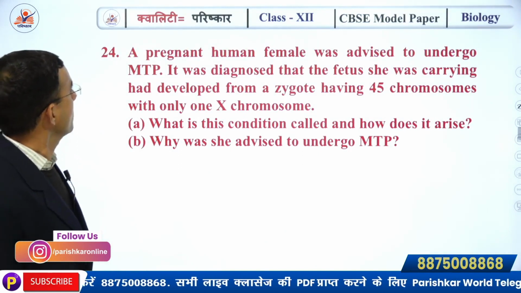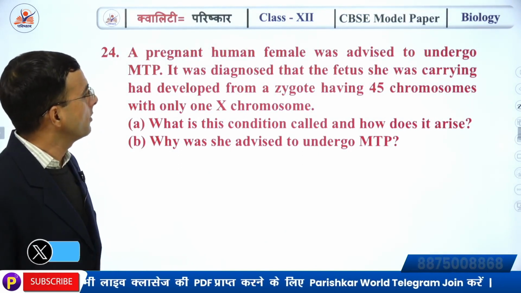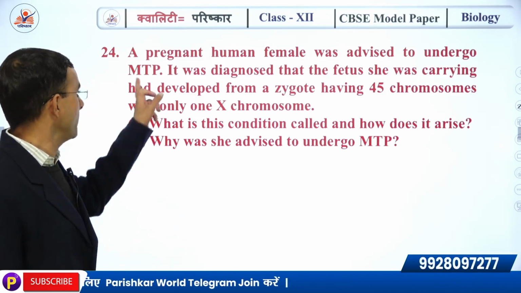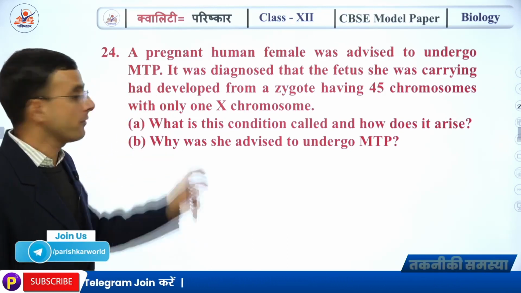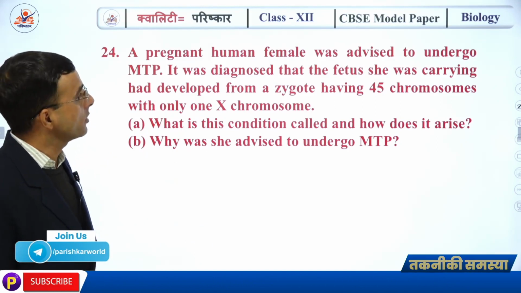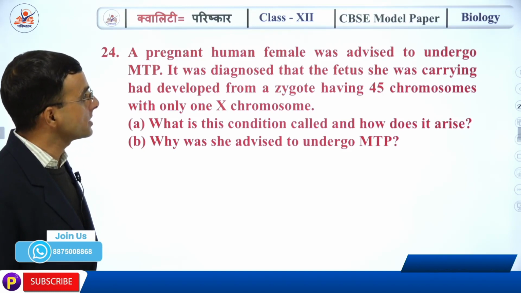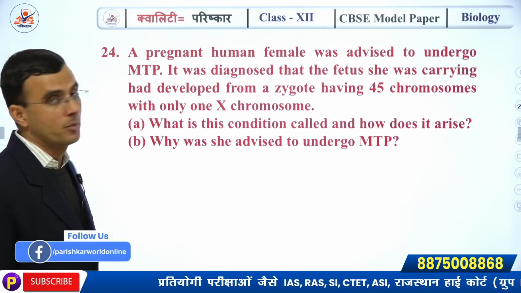Now the next one is about a pregnant woman. A pregnant human female was advised to undergo MTP, medical termination of pregnancy. It was diagnosed that the fetus she was carrying had developed from a zygote having 45 chromosomes.